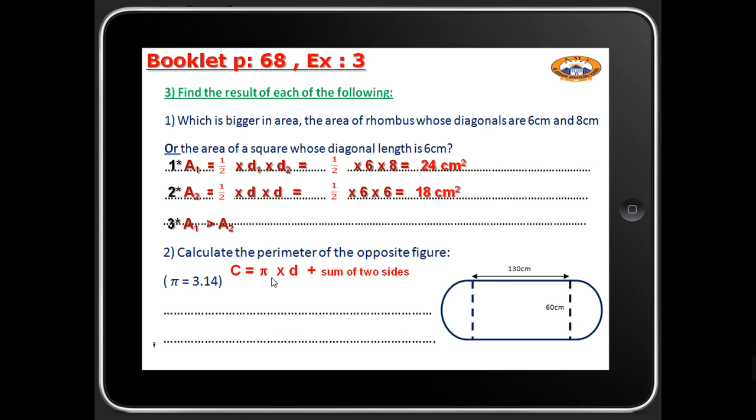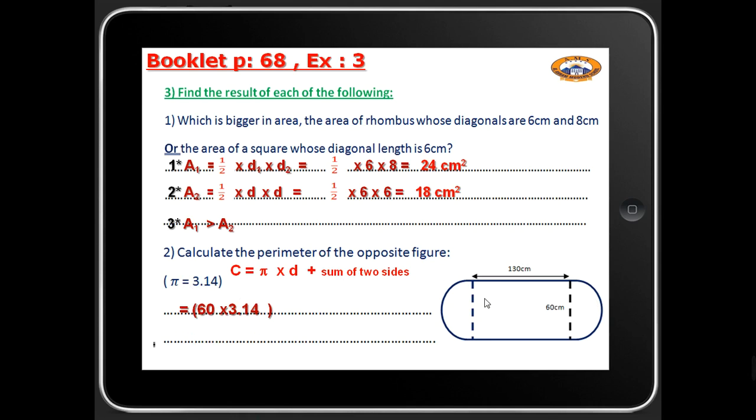So the answer is going to be the circumference of the circle plus the sum of 2 sides. The circumference of the circle is pi times d, and he gave me the pi here equals 3.14, and the diameter length is 60 centimeter, so I'm going to multiply 60 times 3.14, which is pi, and then don't forget to add the sum of these 2 sides.